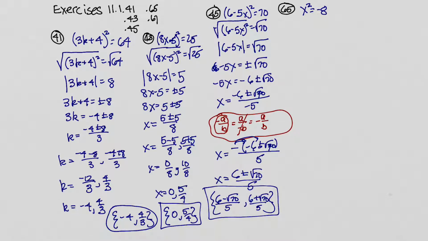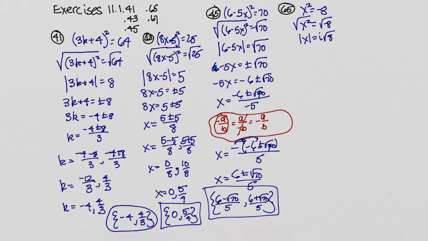Okay, now in this 65, you can see we have something squared equaling a negative. So you know we're going to get imaginaries out of this. So let's square root each side. Square root of x squared, square root of negative 8. On the left side, we'll get absolute value of x equals. Now take the i out, square root of 8.